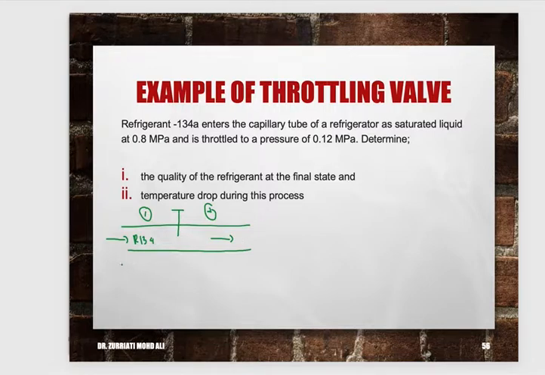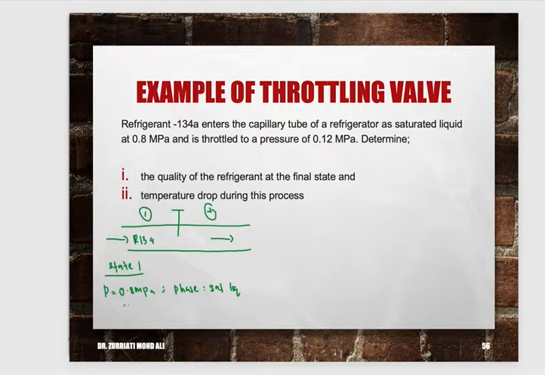State 1 has a pressure of 0.8 MPa and the phase is saturated liquid. So we already have two properties.